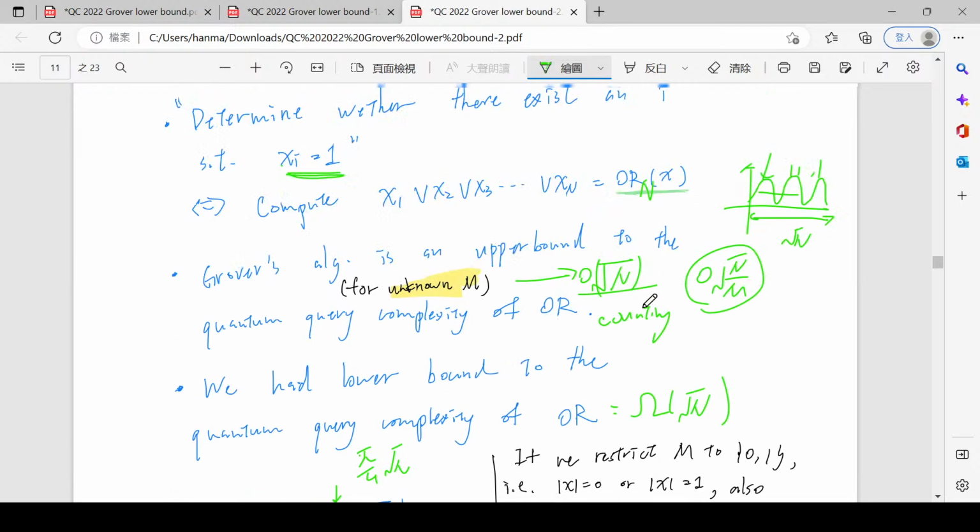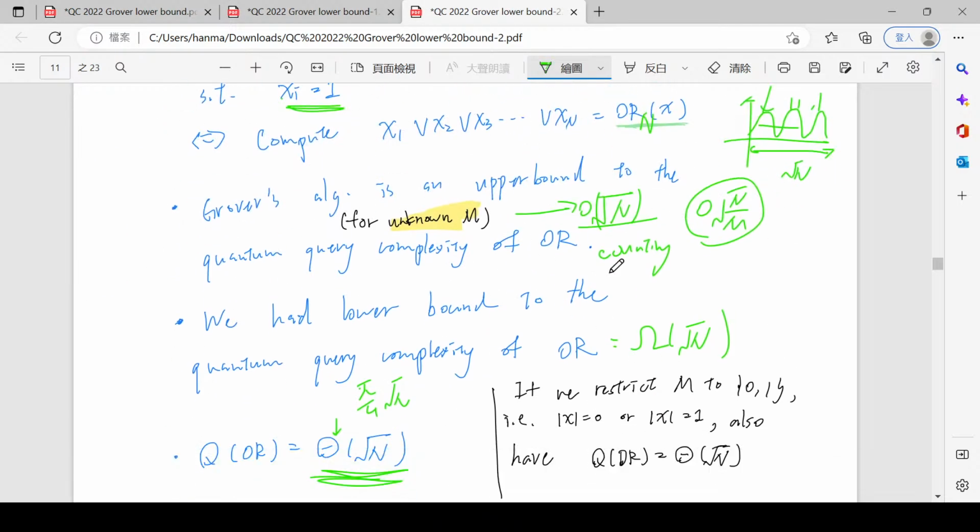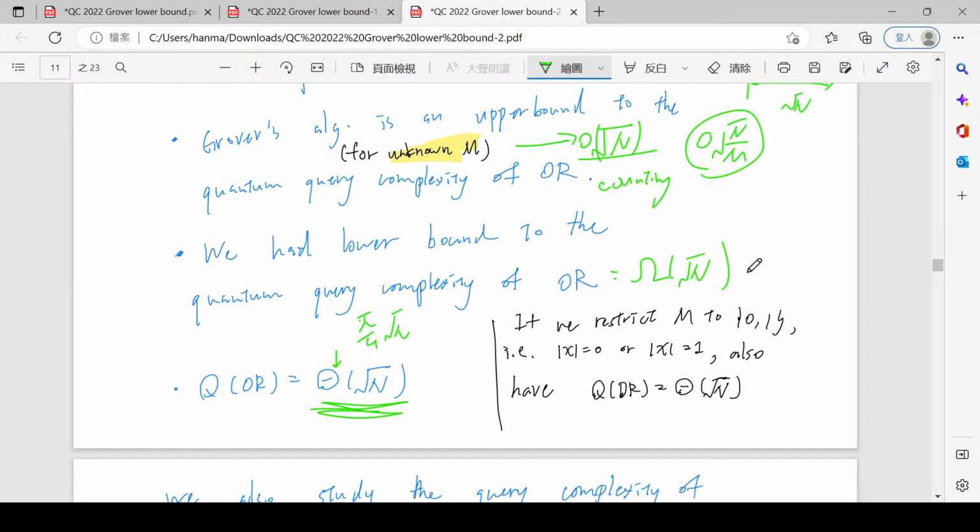And the upper bound actually makes it easier. Now when we do global search, there is either no item or one marked item, so we can just run global search with one marked item. If we find something, then we know there is something. If we don't find anything, then we know it's no. So we can also phrase it in terms of this promise problem, and it will also have a tight bound.